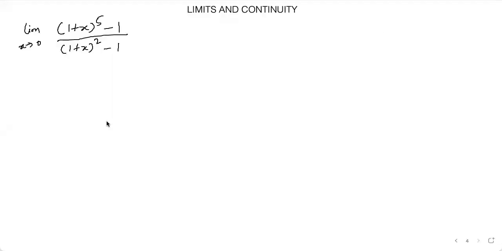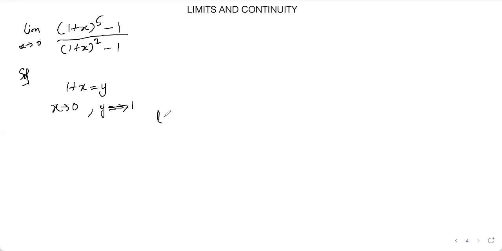So let us try to solve this. Now let us assume 1 plus x as y. So when x is 0, y will be 1, that is y tends to 1.